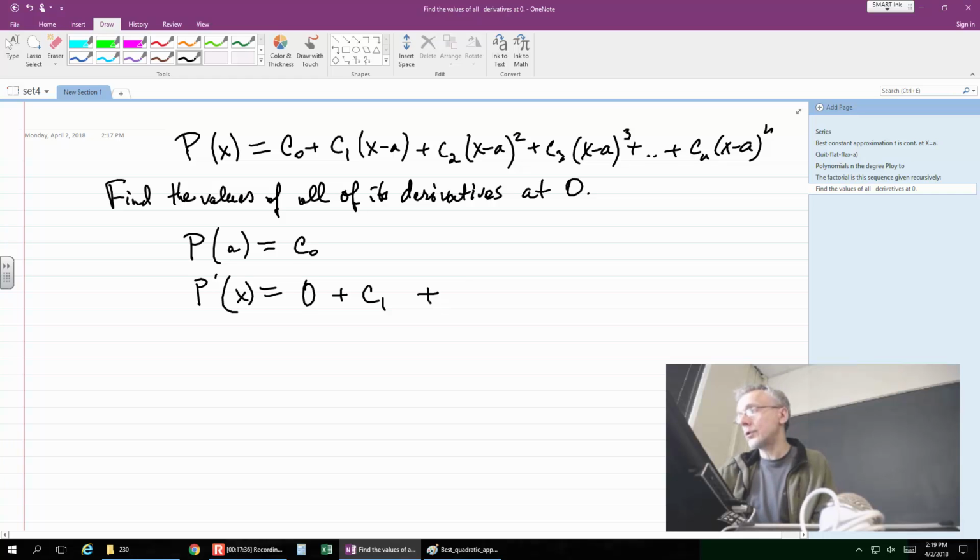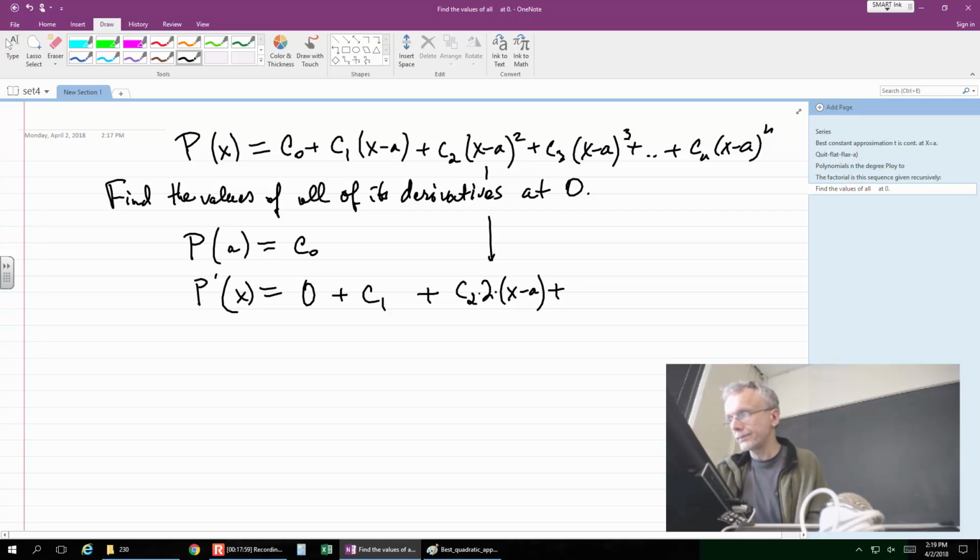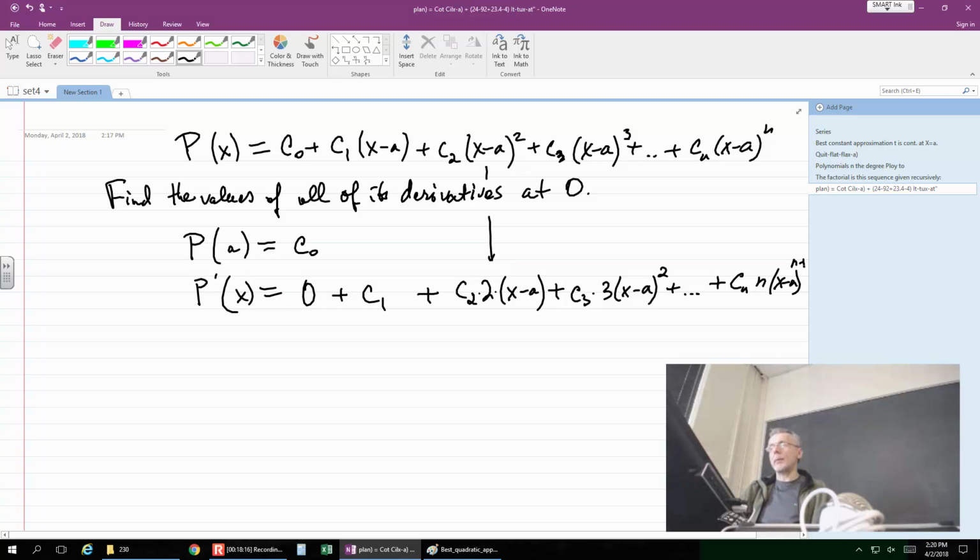The second term turns into c2 times 2 (x minus a), plus c3 times 3 (x minus a) to the second power, okay. And the last one is cn times n (x minus a) to the n minus 1. Okay, so let's look at all of them at the same time.